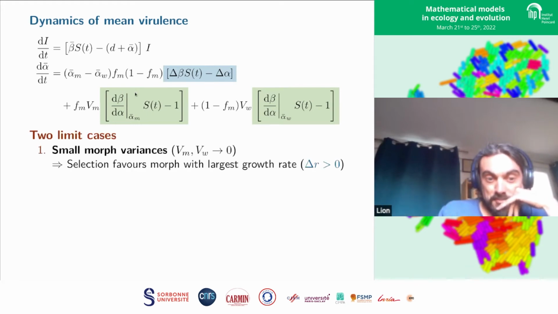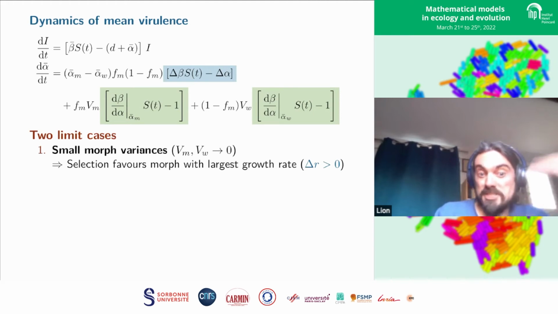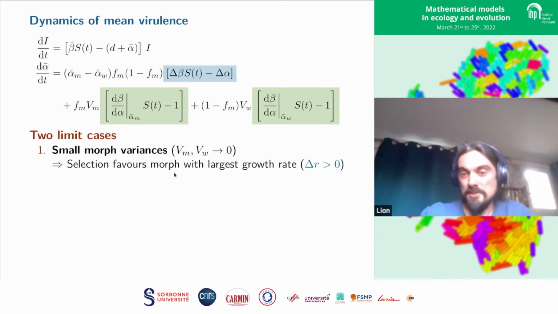So again, just to recap, two limit cases. Either the morph variances are very small, and this difference here is not too small, and then basically selection favors the morph with the largest growth rate, a bit like r selection, if you wish.